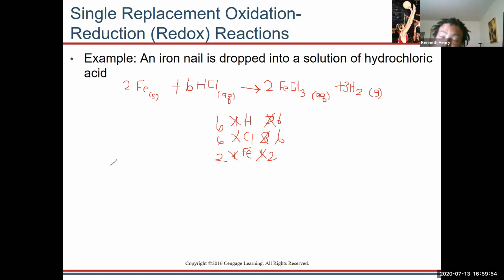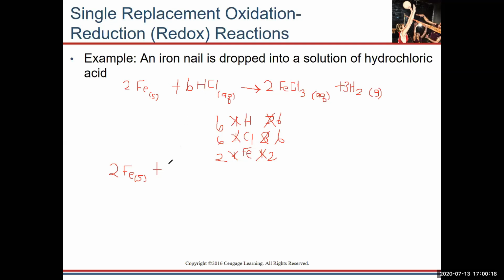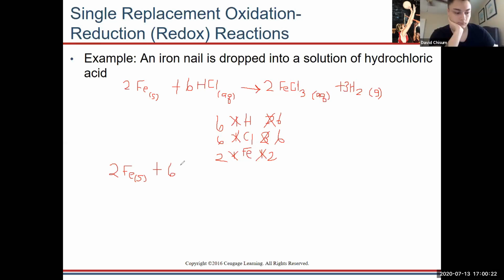How many? 2. Okay, yep, we leave it exactly the same, and since it's a solid, there's nothing to break it down to. And then plus H plus aqueous. You said 6, and each one.